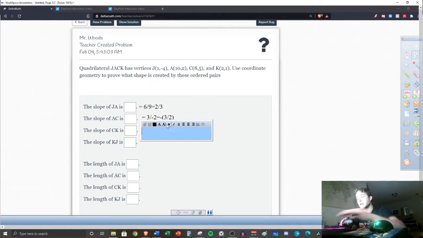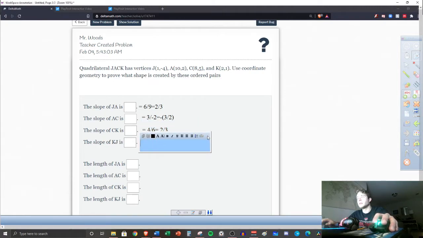5 to 1, so that is a change of 4. 8 to 2 is a change of 6, which gives us, again, 2/3. Okay? 2/3 is the slope. We'll do another one. Alrighty.